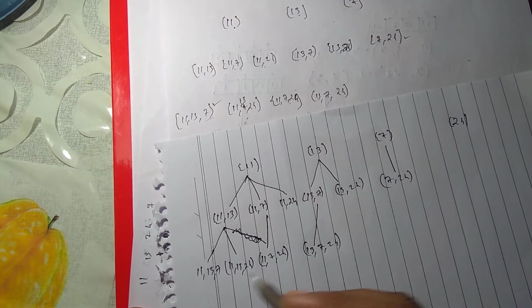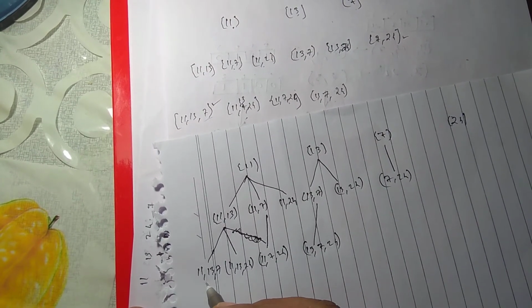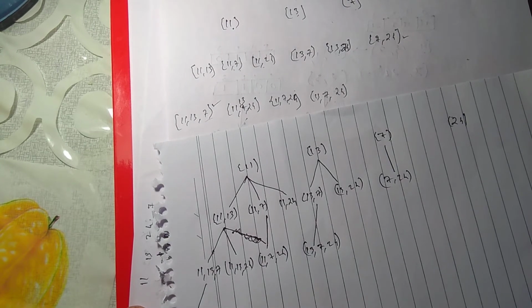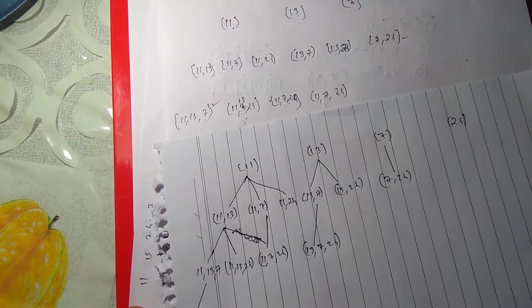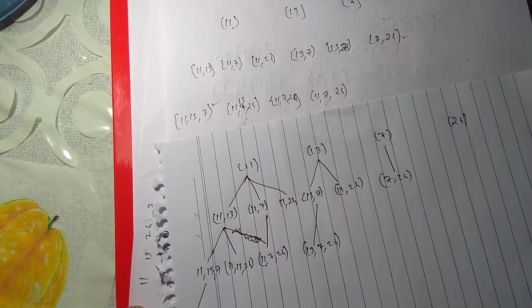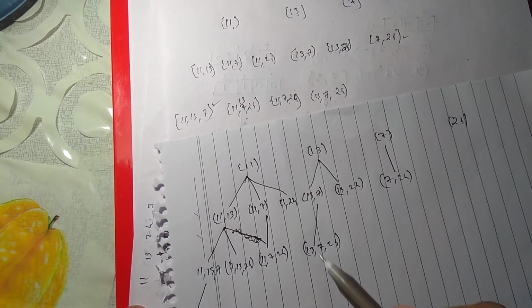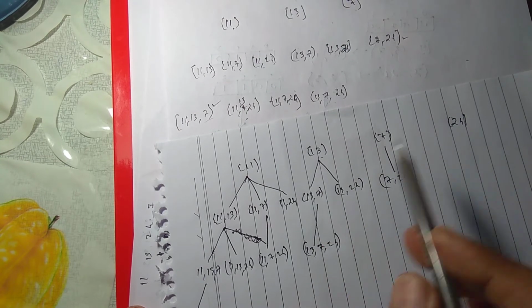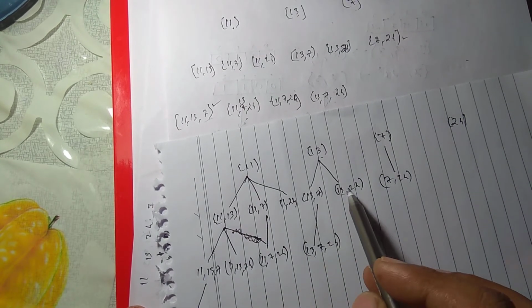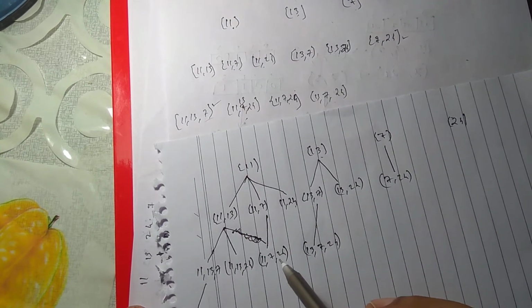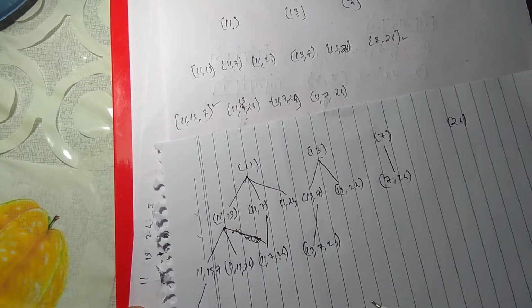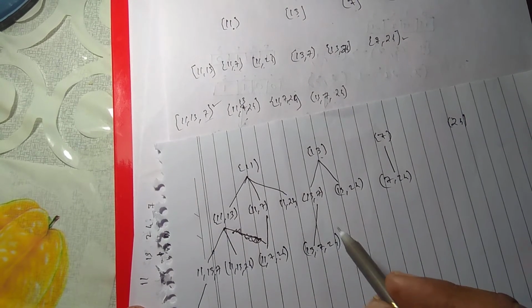So then next consider the 4 element subsets by adding 11, 13, 7, and 24 we are getting 1 subset. In total, 1, 2, 3, 4, 5, 6, 7, 8, 9, 10, 11, 12, 13, 14, 15.